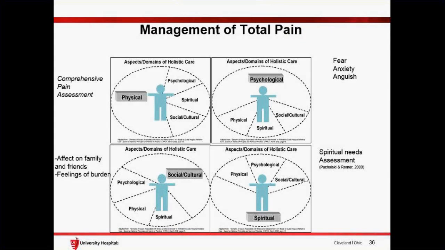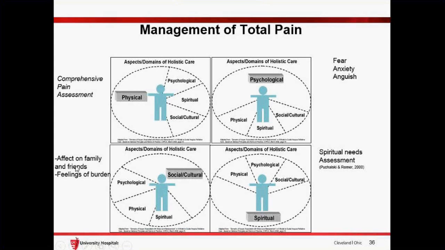So you've seen this figure before. When the patient has primarily physical pain, you do a comprehensive pain assessment. And it's more of a psychological pain that could be because of fear, anxiety, or anguish.